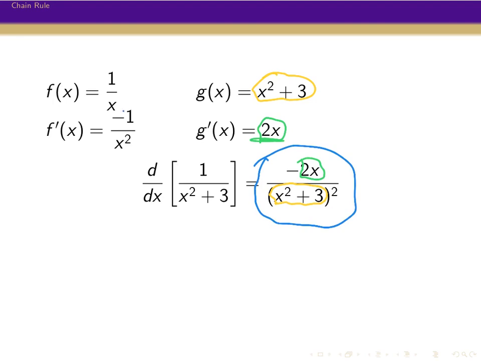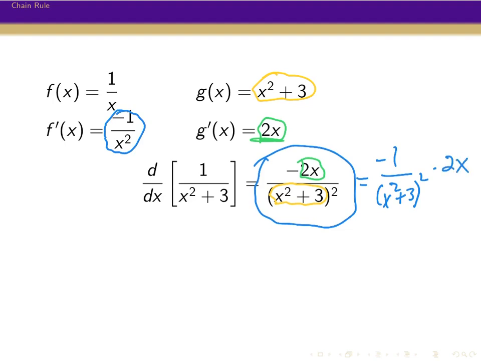Well, what looks like that? I've got a minus 1 divided by x squared on top. And so really it might be more helpful to think about this as being minus 1 over x squared plus 3 squared times 2x.